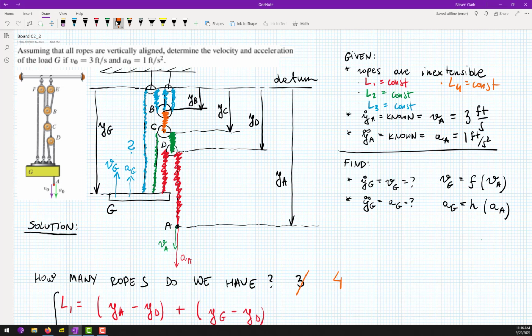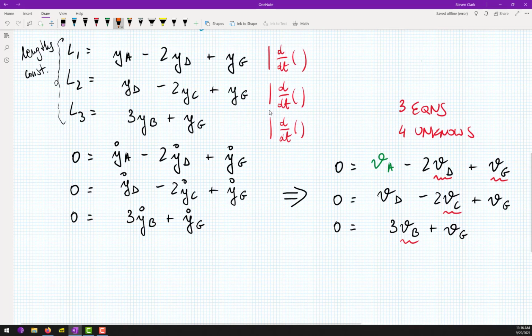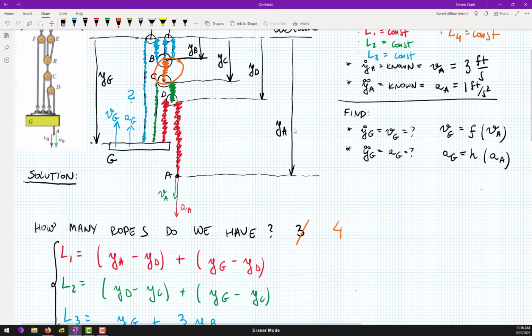Okay, let's speak mathematics, Trevor. What do you think? What information does this orange rope give us? What useful information do we know that can help us here? Well, the length would be YC minus YB. Exactly.